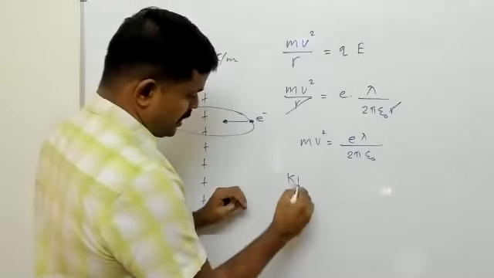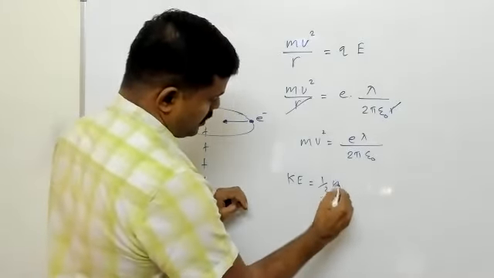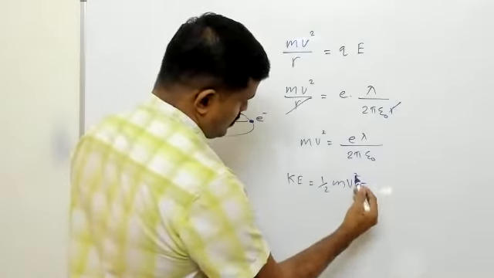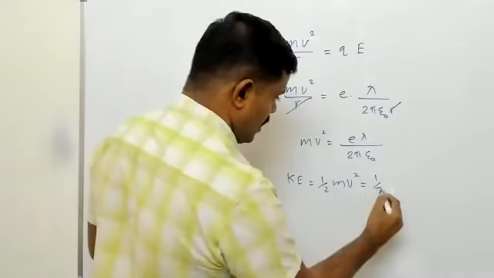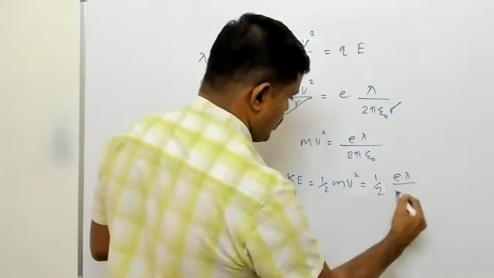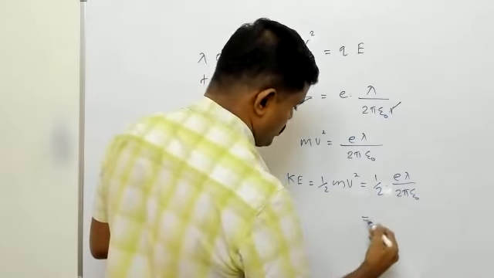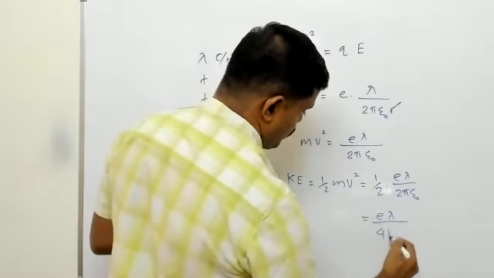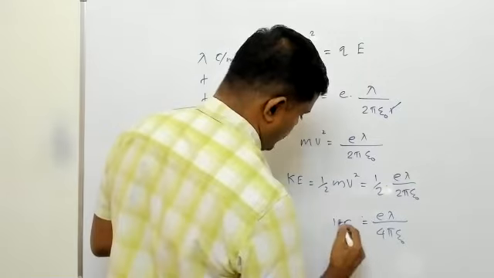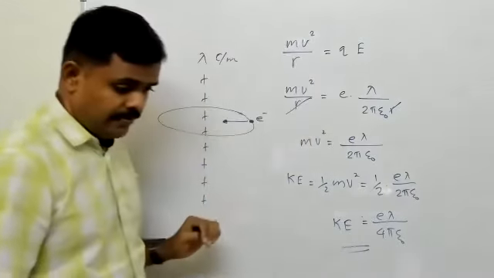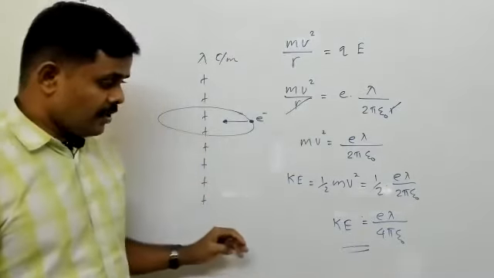What I want is kinetic energy, which is half mv square. So half into e lambda by 2 pi epsilon 0, so e lambda by 4 pi epsilon 0. That is the equation for kinetic energy.